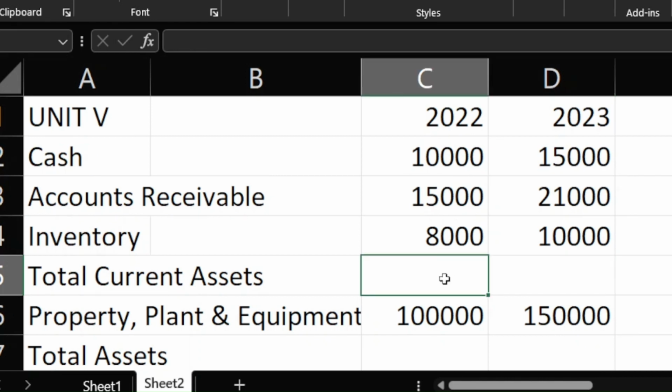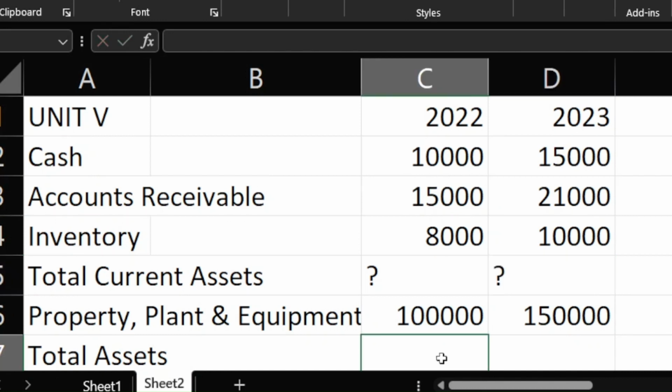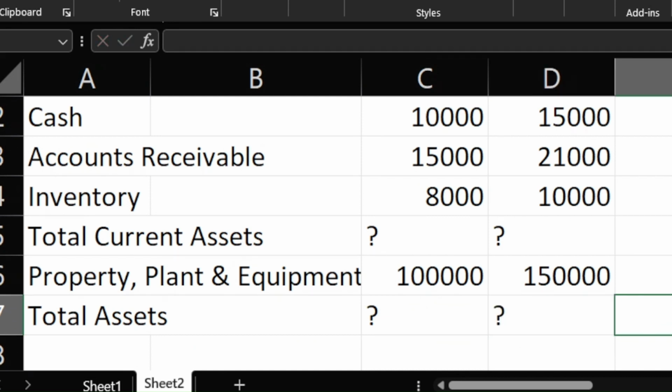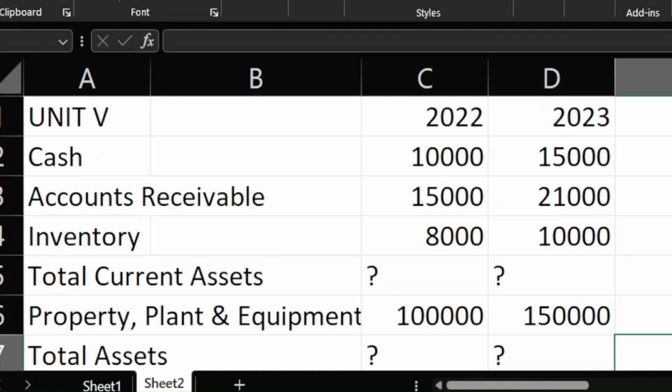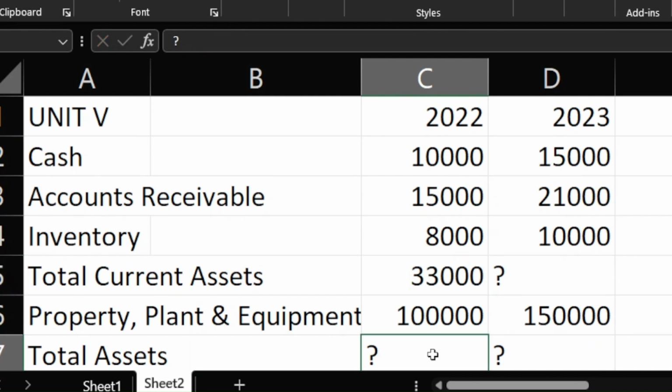What are the missing figures? There is total current assets, and then total assets we have to find. This is simple logic. How much would it be? 10,000 plus 15,000 is 25, 25 plus 8 is 33,000, the total current assets.